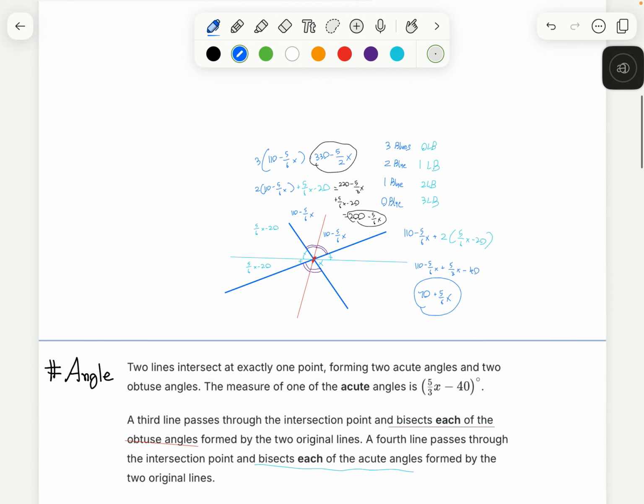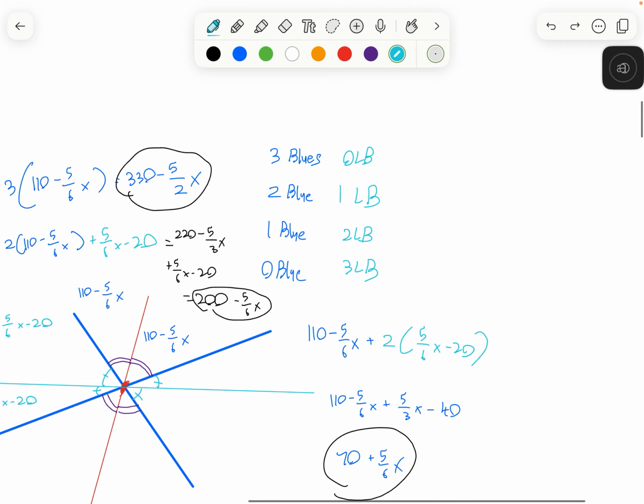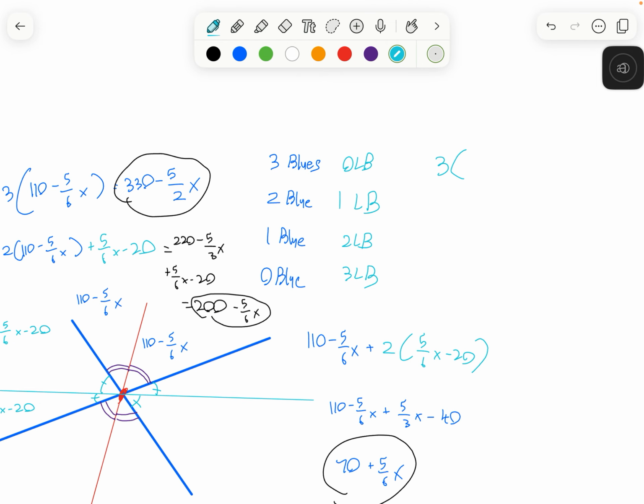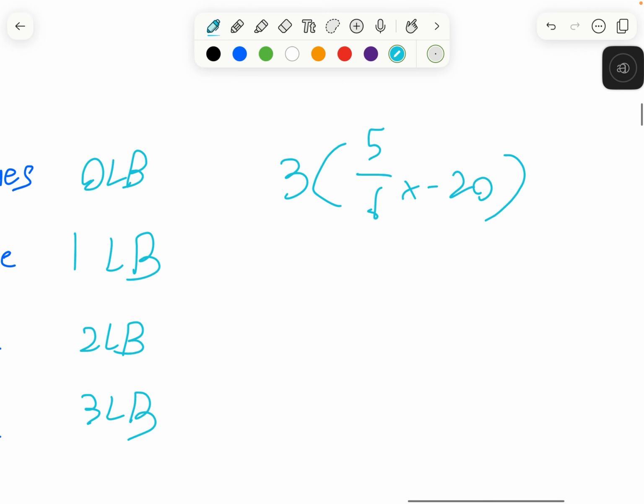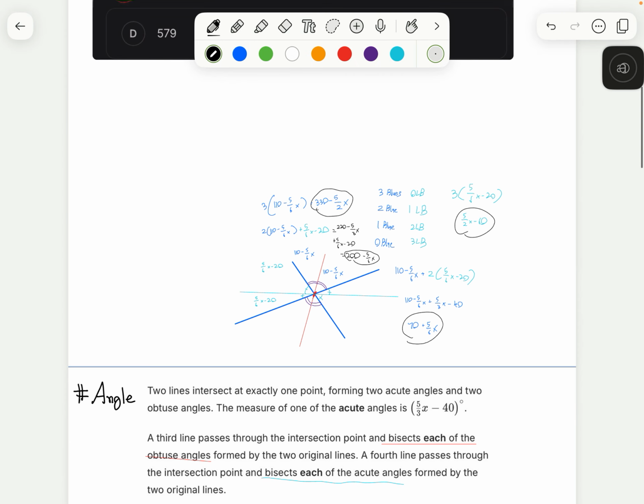That's another possibility. And finally, we can have three light blues. So that's 3 times (5/6 x minus 20), which simplifies to 5/2 x minus 60. So those are our four possibilities.